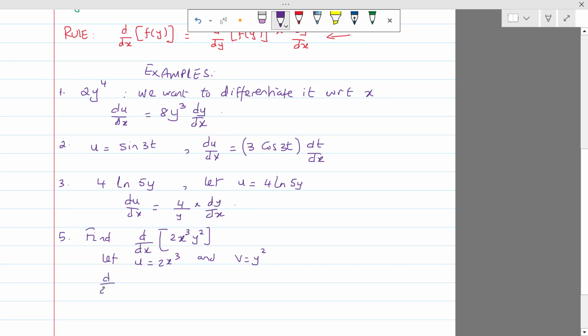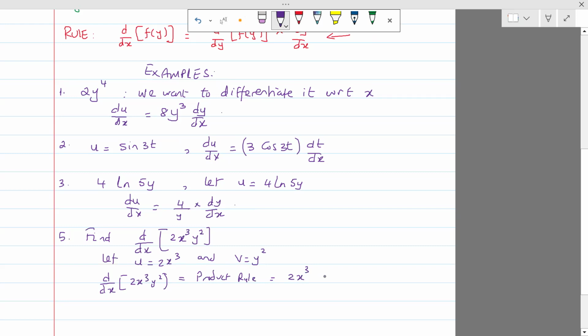Then we get into the product rule of differentiation: v du by dx plus u dv by dx.